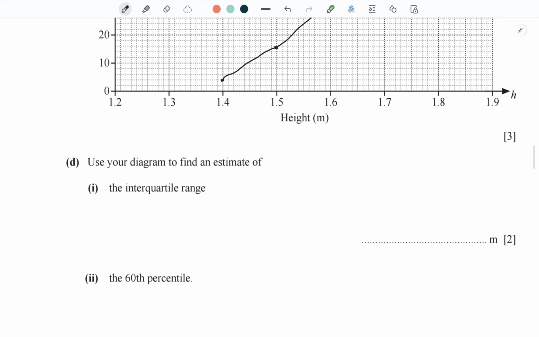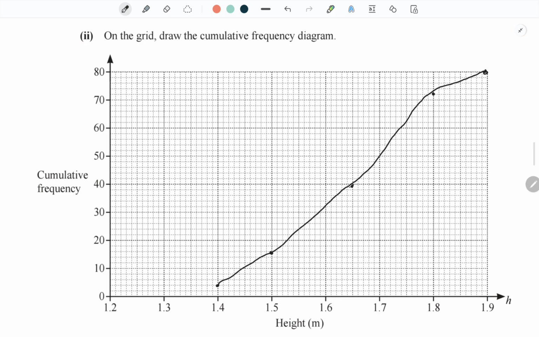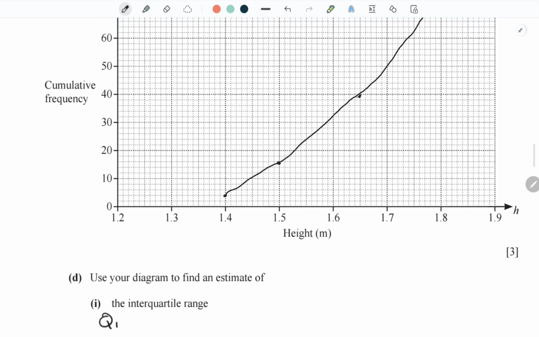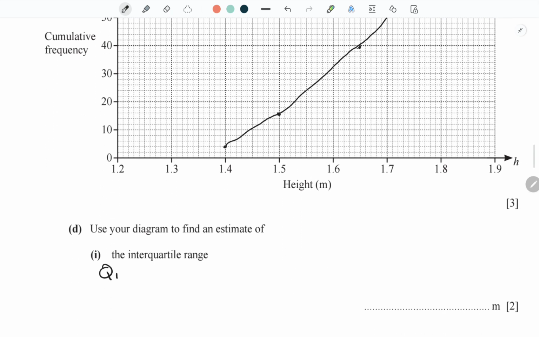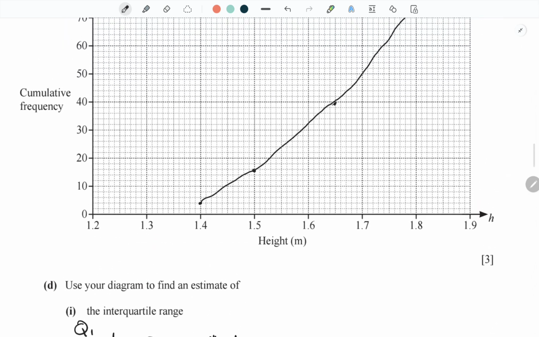Now use your diagram to find the estimate of the interquartile range. That means we need Q1. If you see the position, we have the 1/4 position here, so 1/4 multiplied by the total, that is 80, we get the 20th value. So we just see the 20th value here.